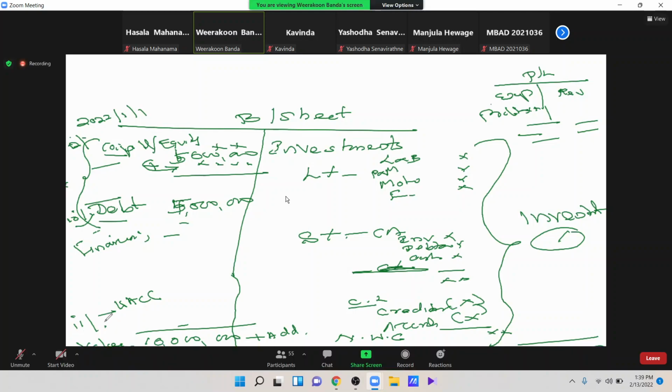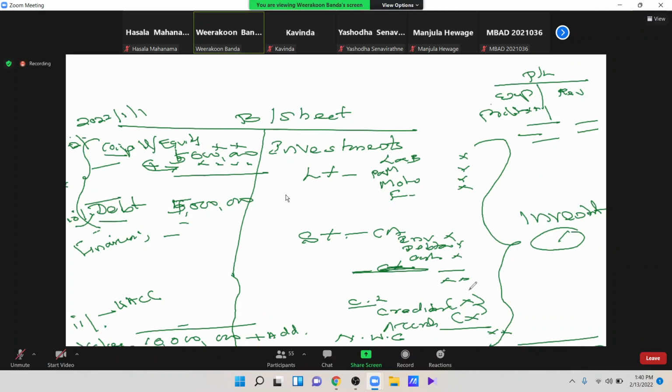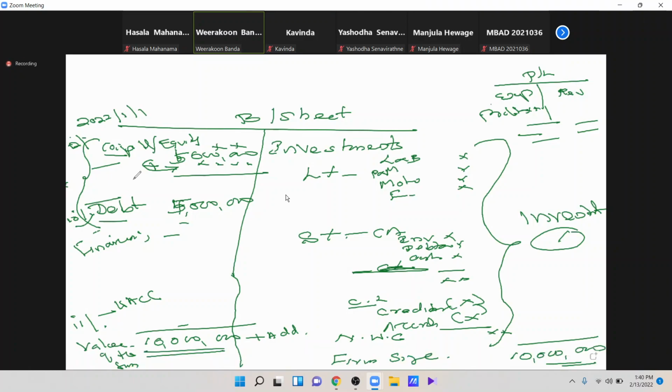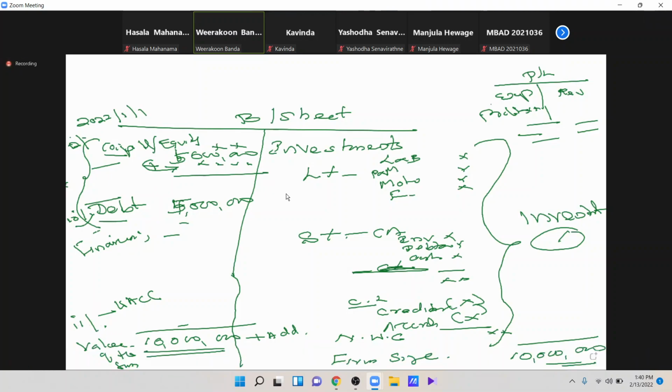If the company is maintained in this manner, with 10 million rupees of assets, long-term assets and short-term assets, as well as some liabilities, owner's capital and debt capital, then at the end of the period you compensate the investors at an 11% rate.